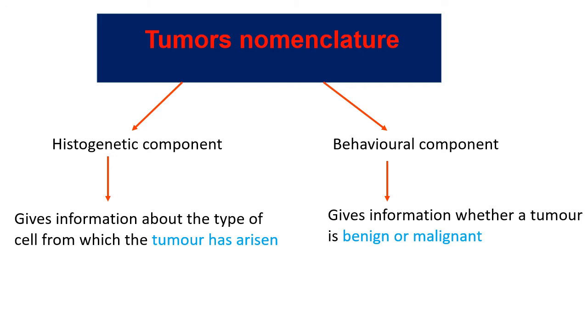It is whether the tumor arises from epithelial or mesenchymal tissue. And which type of epithelium: is it surface epithelium or glandular epithelium? Also, there are tumors arising from connective tissue or mesenchymal tissue. So the histogenetic component depends on the tissue from which it arises, either epithelial or mesenchymal.